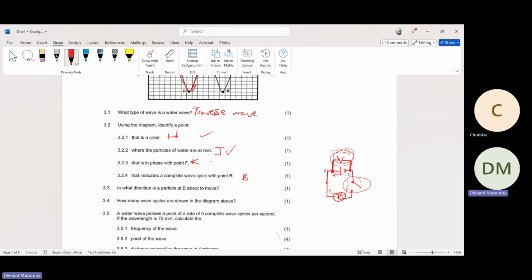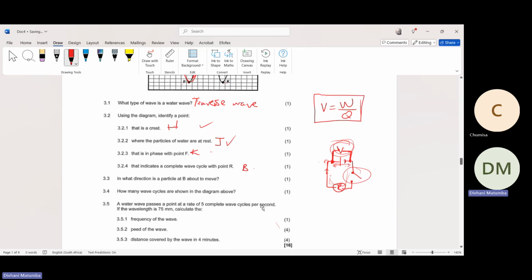That's what a circuit is all about. A circuit is all about charges moving inside a conductor. Now, the definition of a potential difference is that V equals work done divided by Q. It's one of the formulas that you might get on your question papers, but you must have it in mind.